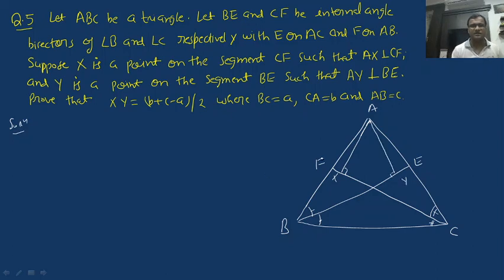This foot of the perpendicular is Y, and we have to prove that the length of this segment XY is (b plus c minus a) by 2. Okay. I have also proved this question in the RMO 2011 paper. I proved this problem by two methods there, but I am going to prove it here also. I am going to use the reflection method.